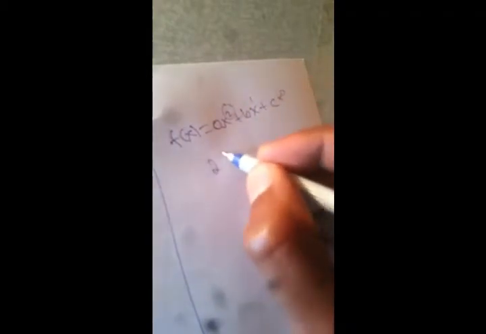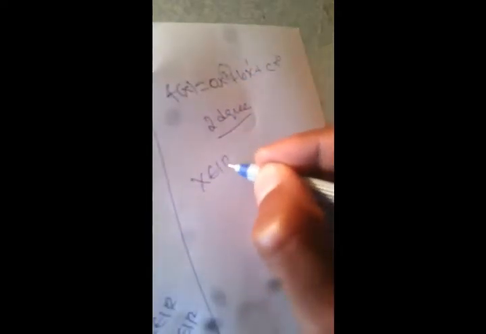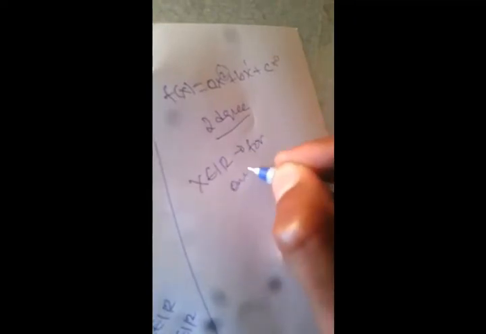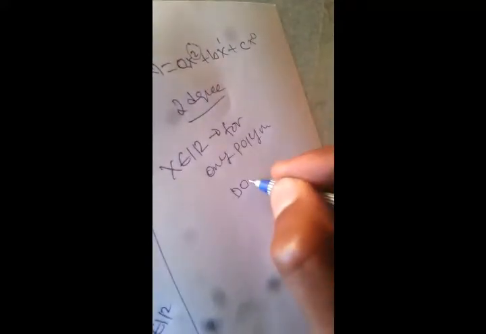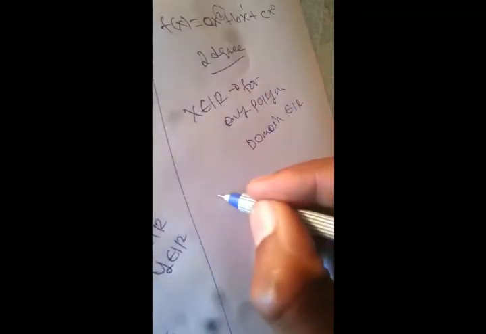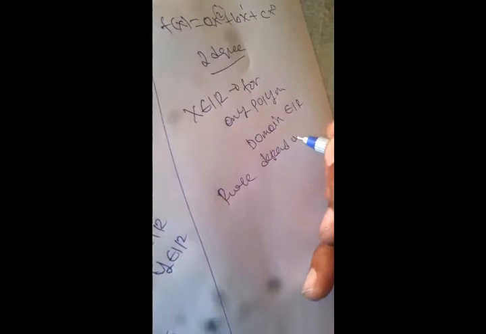Therefore, it is a second degree or quadratic function. So its domain, x is an element of real numbers. Why do I say it is an element? Because for any polynomial function, the domain will always be an element of the real numbers, but the range depends on two factors.